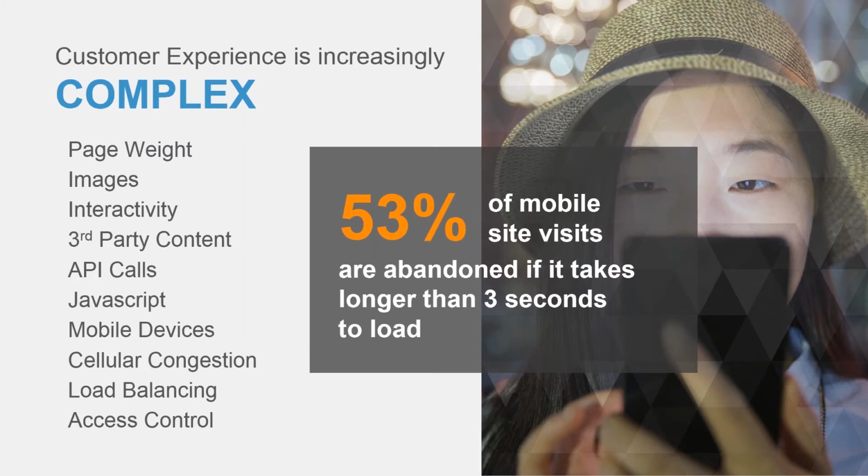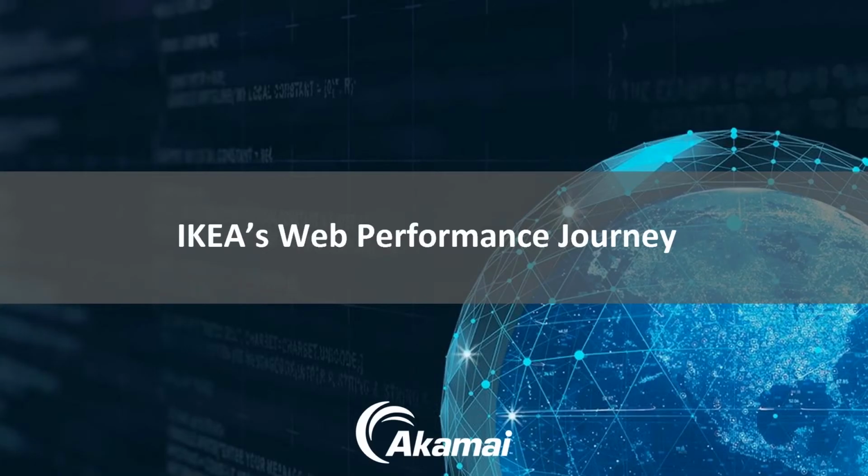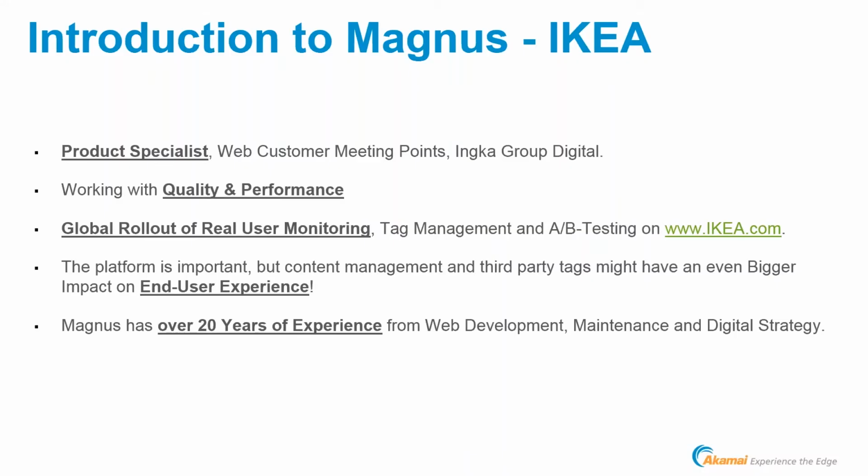So with all of this in mind, it gives me great pleasure to hand the session to Magnus to go through IKEA's web performance journey. Just before I do that, just a quick introduction to Magnus. Magnus is a product specialist focusing on web customer meeting points for IKEA Group Digital, working with quality and performance.